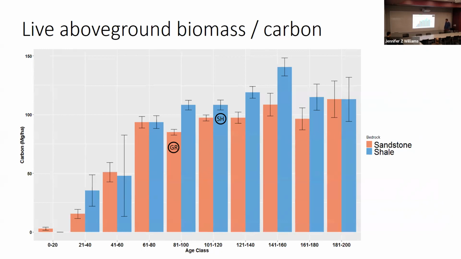Well, if I understood what you said, the above ground biomass at Garner Run and Shale Hills is a little lower compared to this statewide database for sandstones and shales, which maybe makes sense because Garner Run is a quartzite, which is almost pure silica, very little anything else.